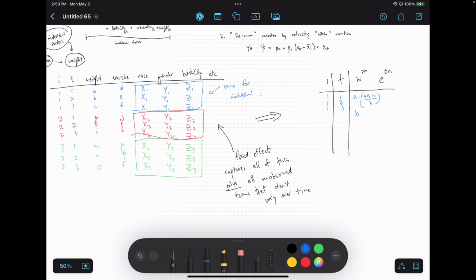And then it would be B minus A plus B plus C over 3. And then C minus A plus B plus C over 3. Does that make sense? Yeah, so you are demeaning within each individual.